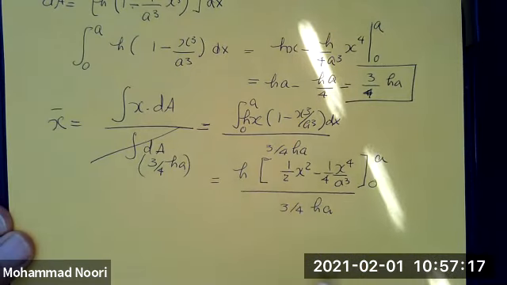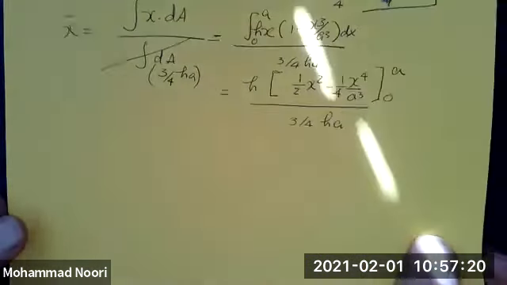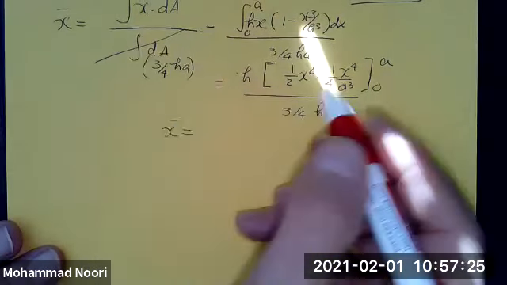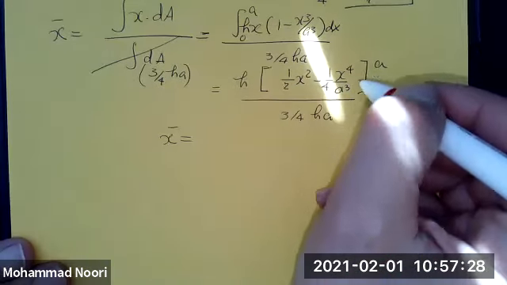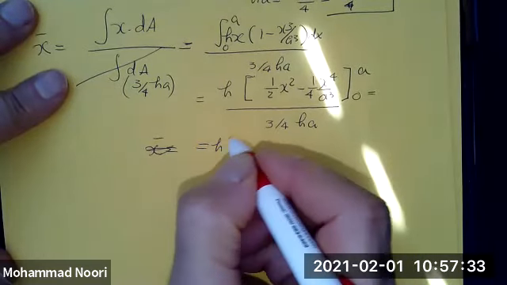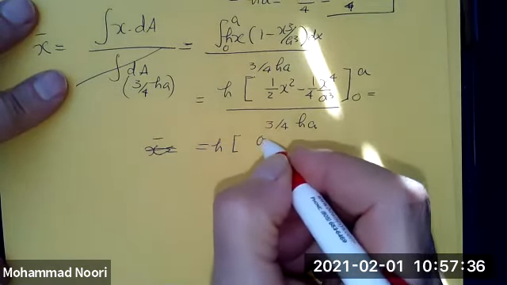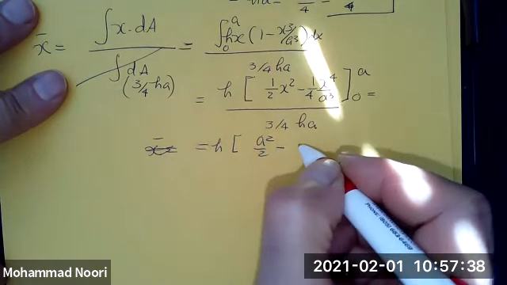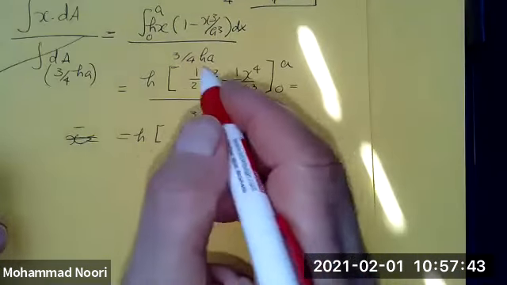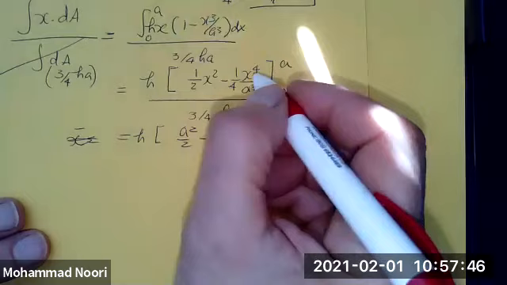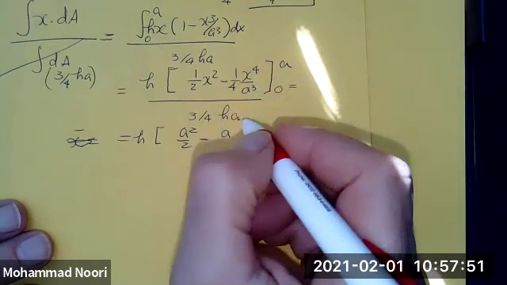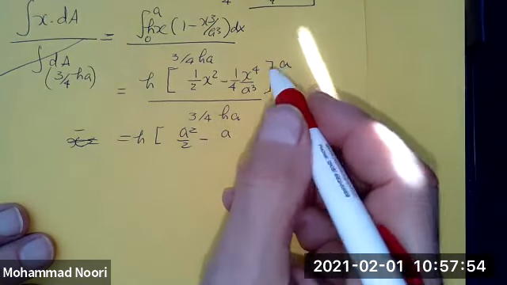If you simplify this, you will see that this comes out to be x bar. Let me first of all simplify. This would be h times a squared over 2 minus, this would be 1/2 x squared, this would be 1/4, so also this should be a squared somehow.